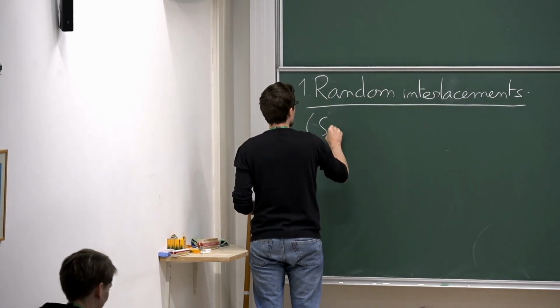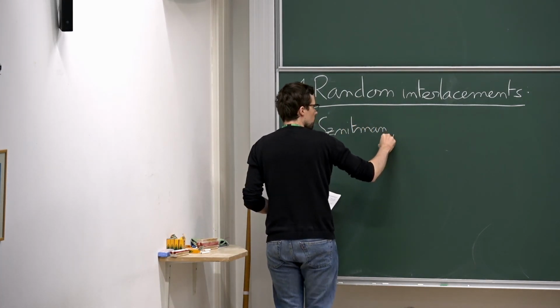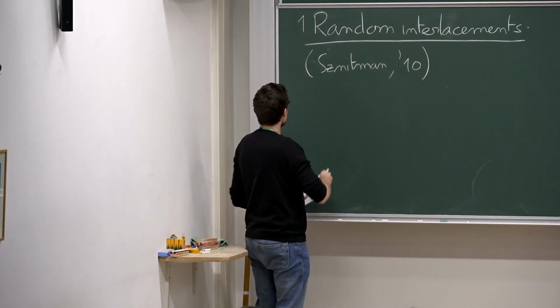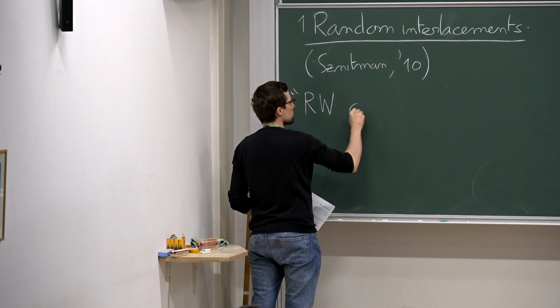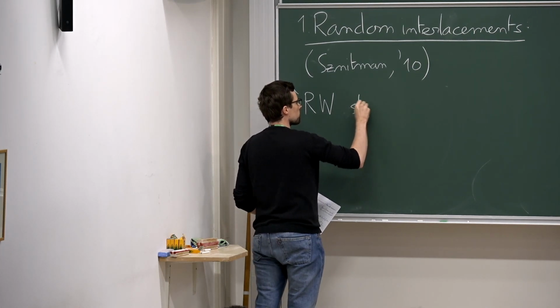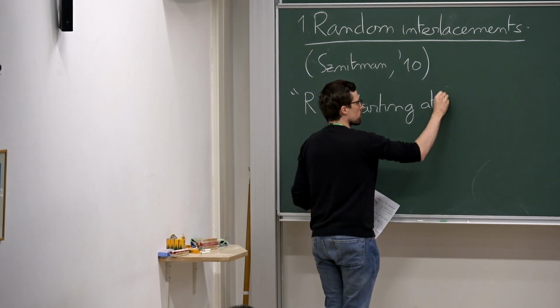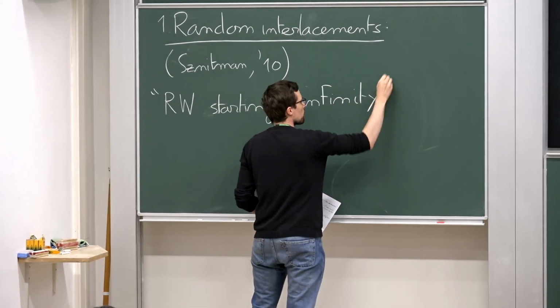So it's a model which was introduced by Sznitman in 2010. And in a sense, you can see this as a model for a random walk starting at infinity on a transient graph.